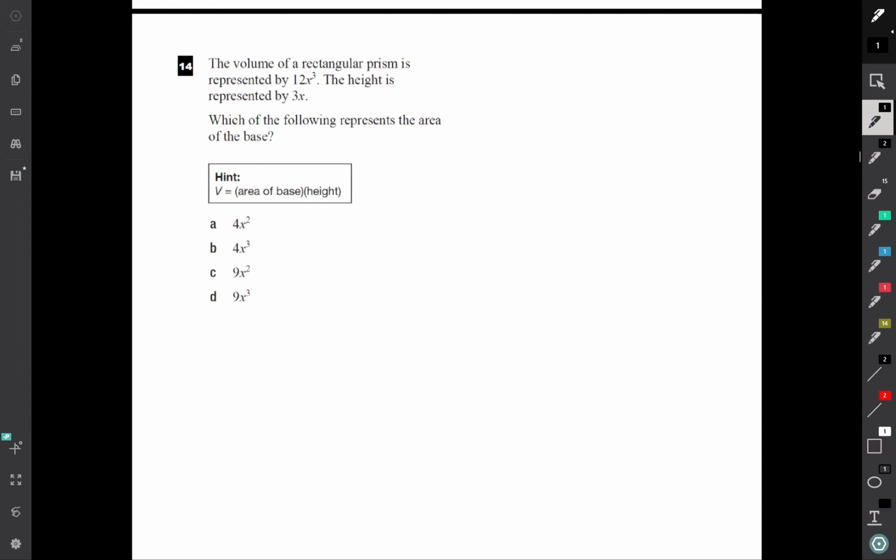Let's remember, volume of a rectangular prism is length times width times height. We could also say the volume is equal to the area of the base times the height, because that's the same thing. Length times width is the area of the base.